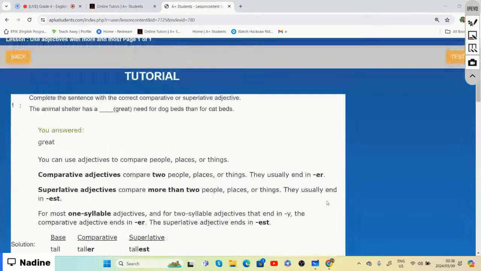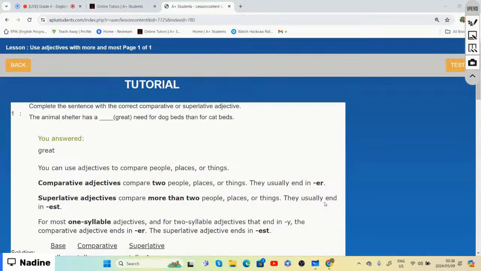So before we go to our test, let us quickly do an activity. It says the animal shelter has a great need for dog beds than cat beds.